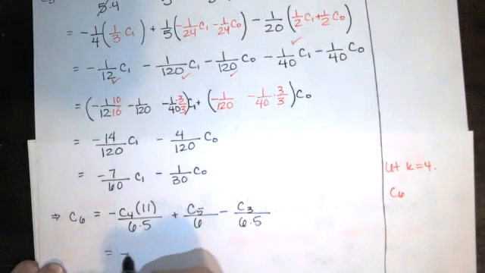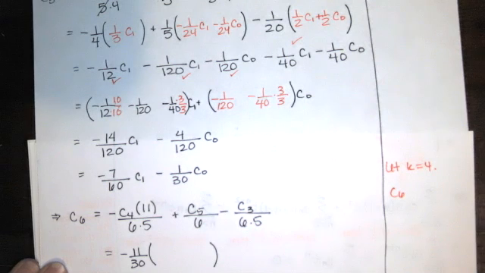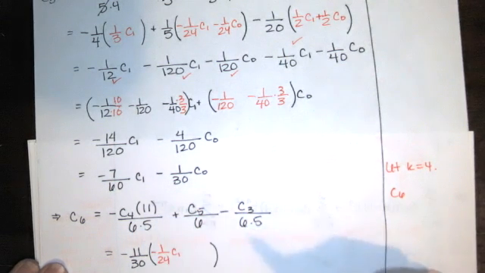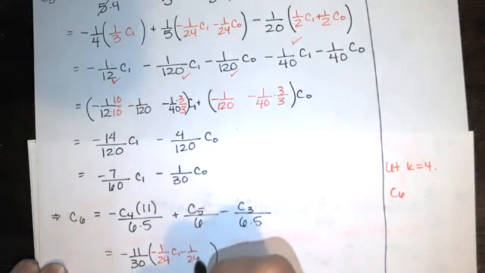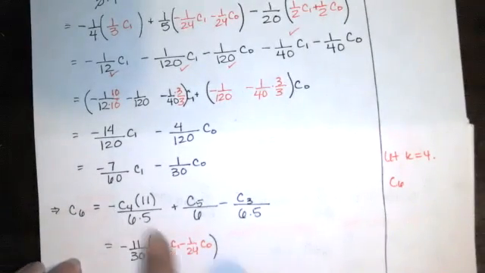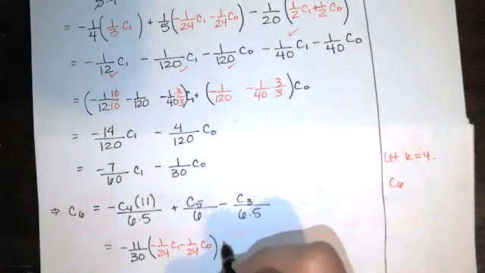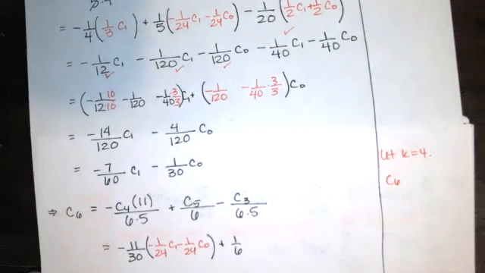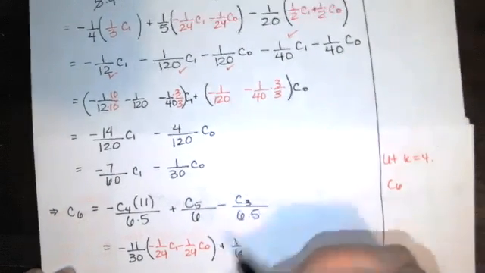So we've got negative 11 over 30 times c sub 4, which is negative 1 over 24 minus 1 over 24 times c sub 1 and c sub 0 respectively. That's c sub 4. And then we want to add 1/6 of c sub 5, which is this.